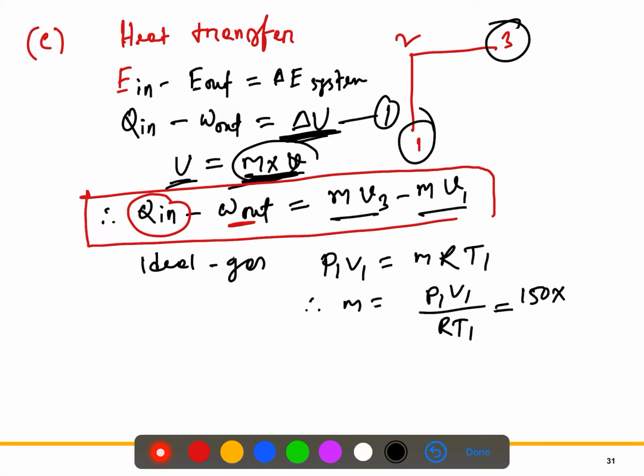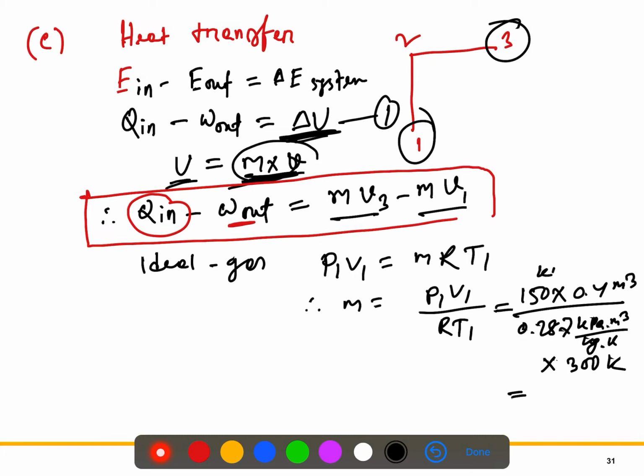P1 is 150, V1 is 0.4, R, the gas constant, is 0.287 kilopascal meter cube per kg Kelvin, and the temperature T1 is 300 Kelvin. So this is meter cube, the V1, and the pressure is in kPa. So it will be 0.697 kg. We got the m, and now the internal energy we need to calculate.